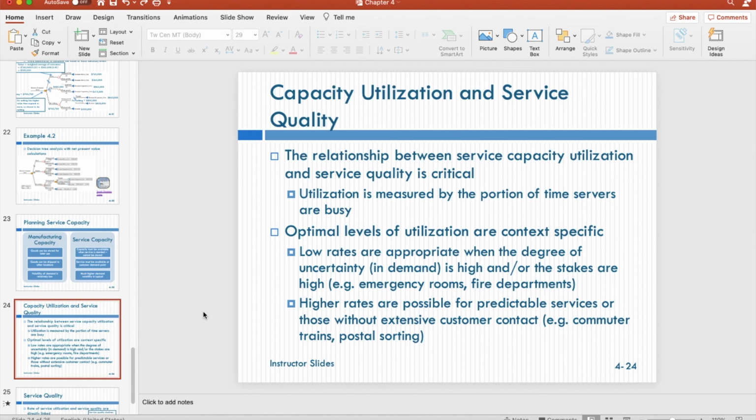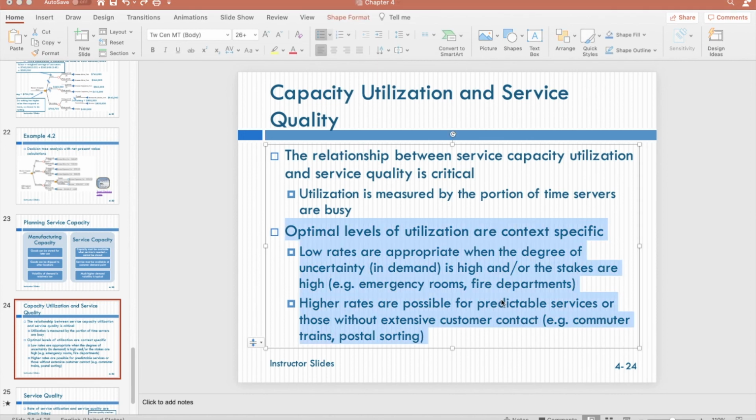Many economists and even psychologists are doing research on figuring out the relationship between the optimal level of utilization and service quality. First of all, the optimal level of utilization itself is context specific.